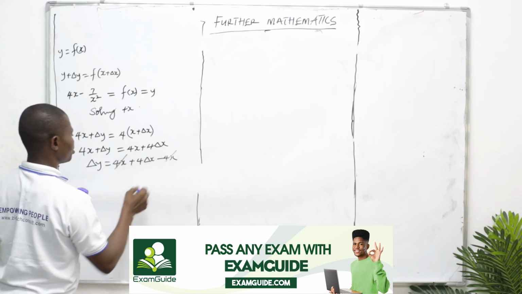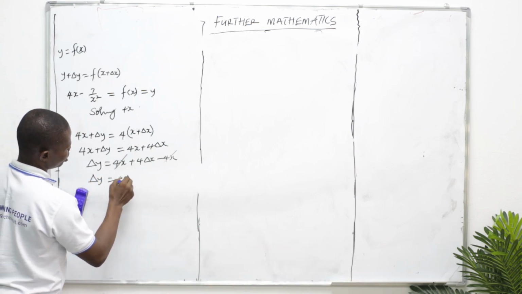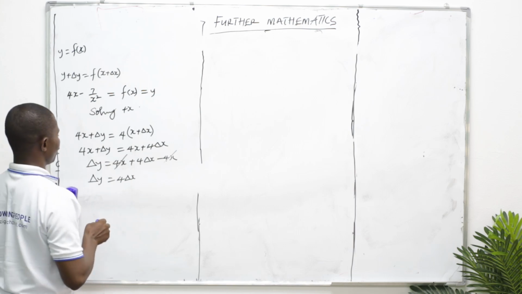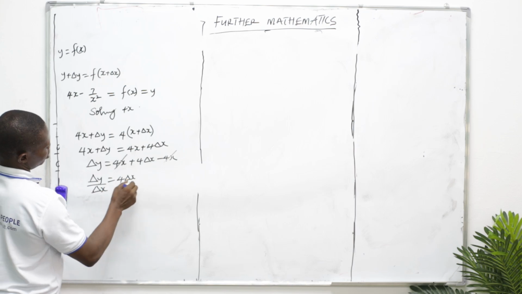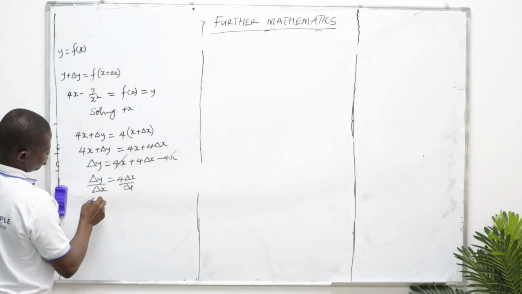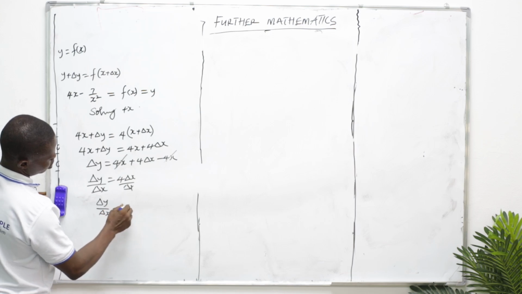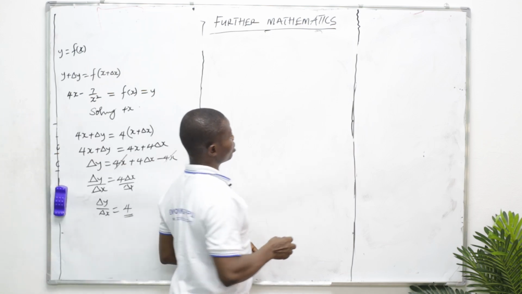This will take care of this. It will now remain change in y equals 4 change in s. Dividing through by the change in s, dy ds equals 4.